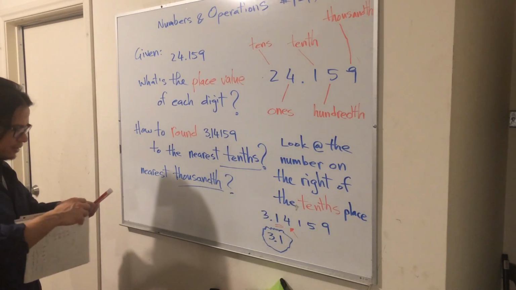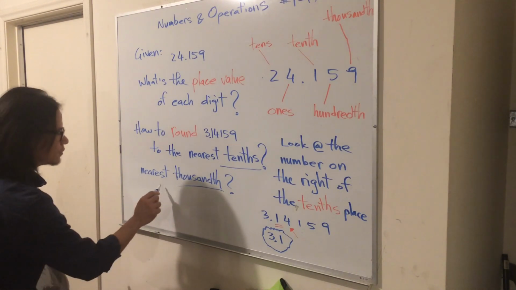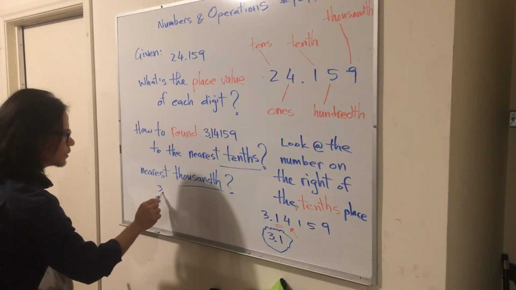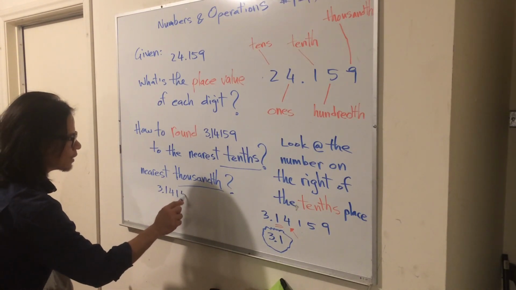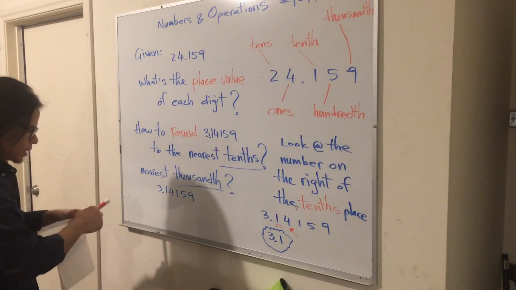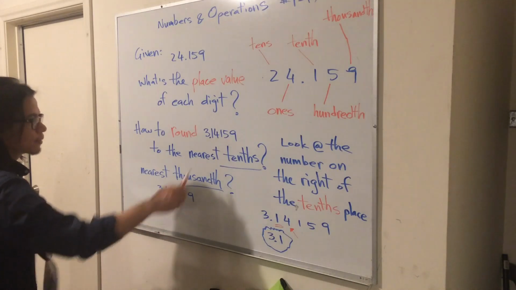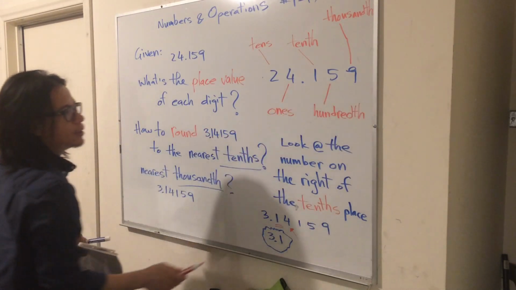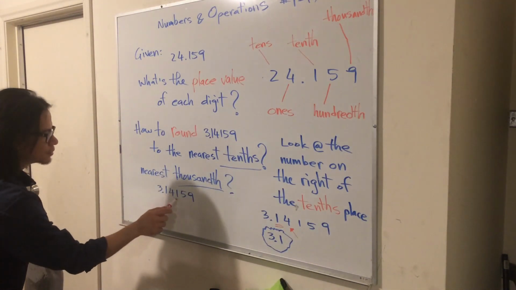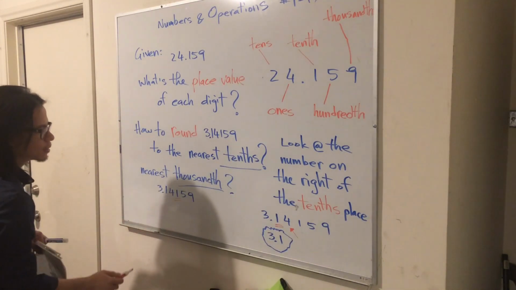Okay, so to the nearest thousandth, you would want to identify the thousandth place in the number 3.14159. Okay, so here, based on what we've learned, the thousandth place is the third number over from the decimal. So here is the thousandth place.